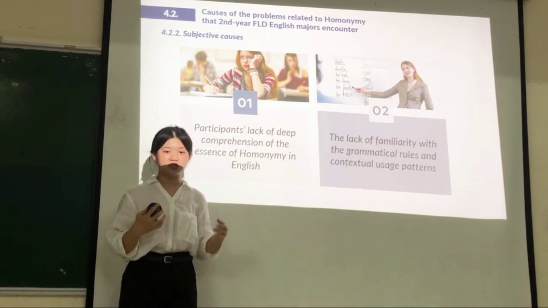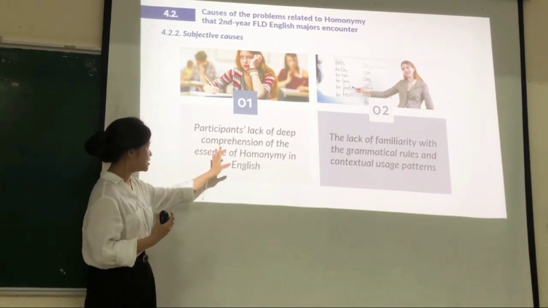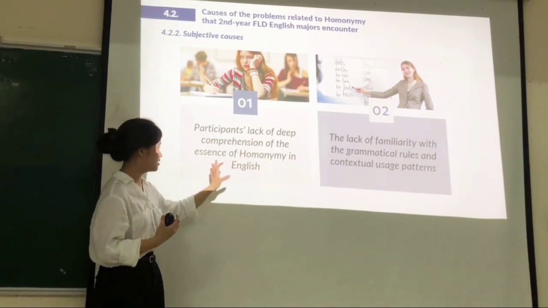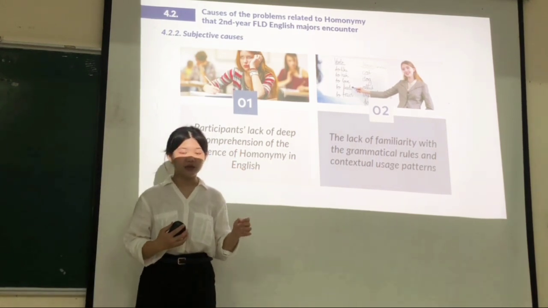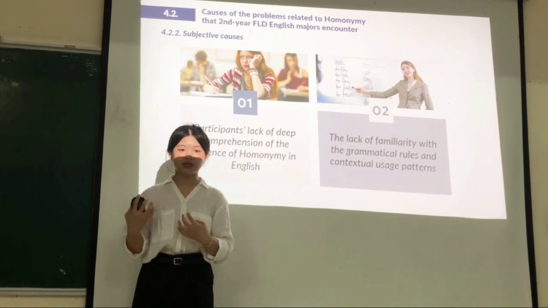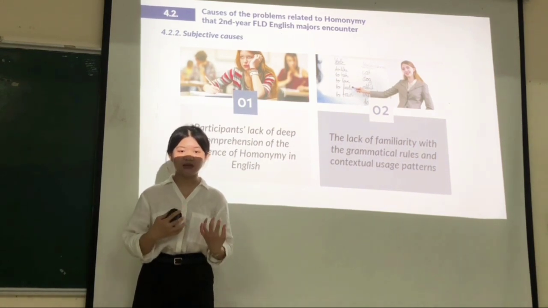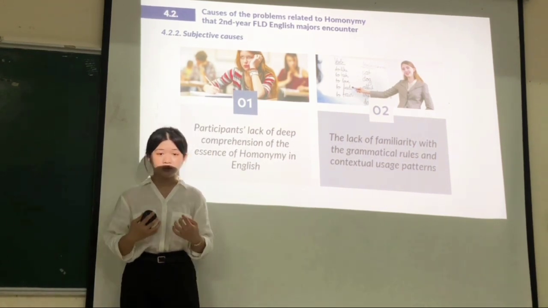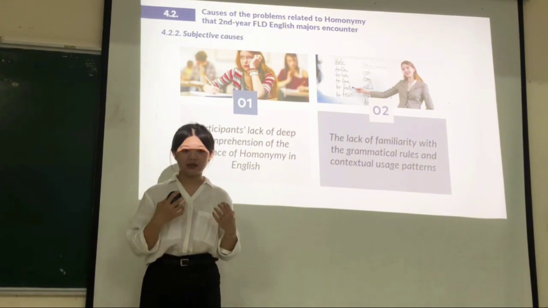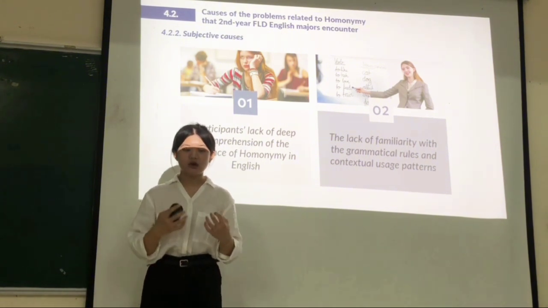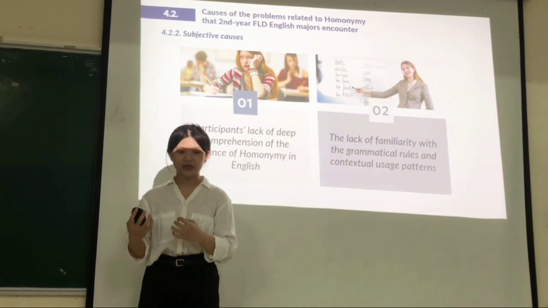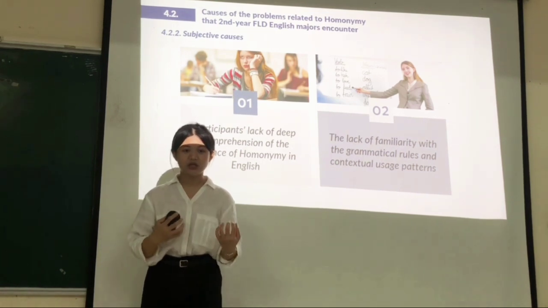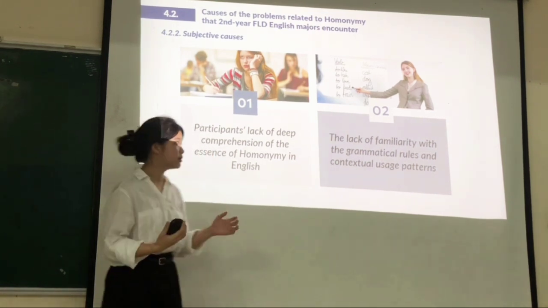The main subjective cause is that participants lack a deep comprehension of the essence of homonymies in English. They do not fully grasp the essence of the word, including the different types and the errors that they can cause. So, not recognizing the word characteristics correctly makes it even harder for learners to learn the vocabulary.